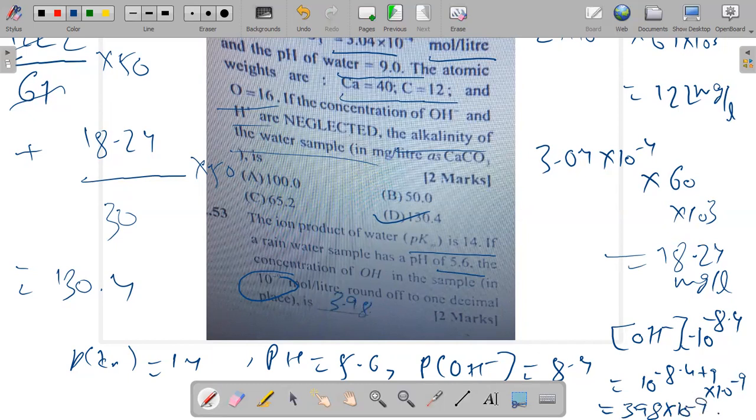So 3.98 into 10 to power minus 9 is your correct answer.